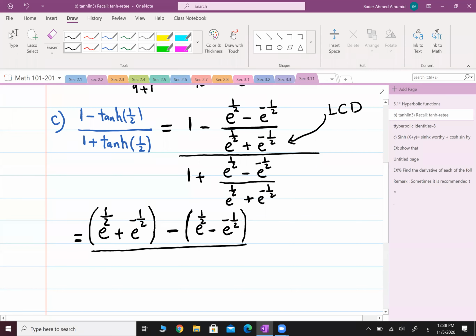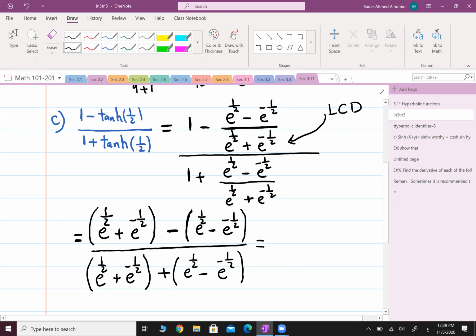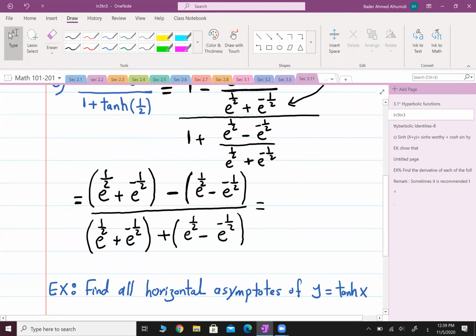Again, we multiply the 1 by this quantity in the denominator, so I have E to the power 1 half plus E to the power minus 1 half. Nice. Plus, should we put parentheses or not? It doesn't make a difference. But let's put them here. It will give me here E to the power 1 half minus E to the power minus 1 half.